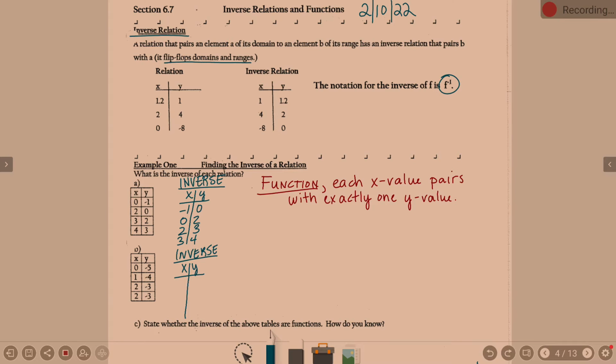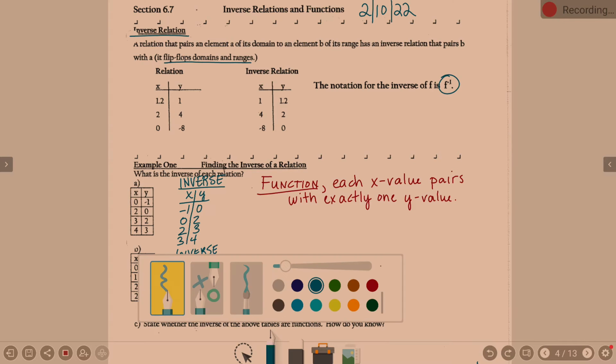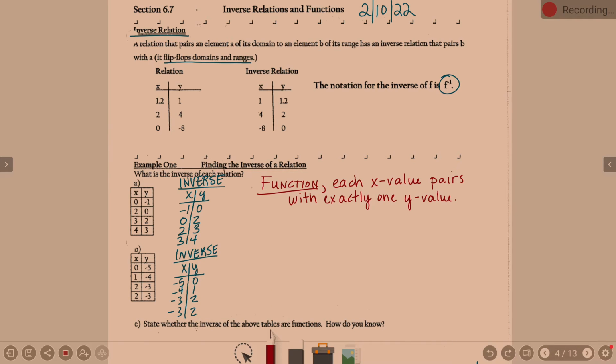What's that first ordered pair in my inverse? (-5, 0). Good. Flip-flopping. What's the next pair? (-4, 1). Okay. Next pair? (-3, 2). And (-3, 2). Inverse? Love these inverses. So easy, it's boring.